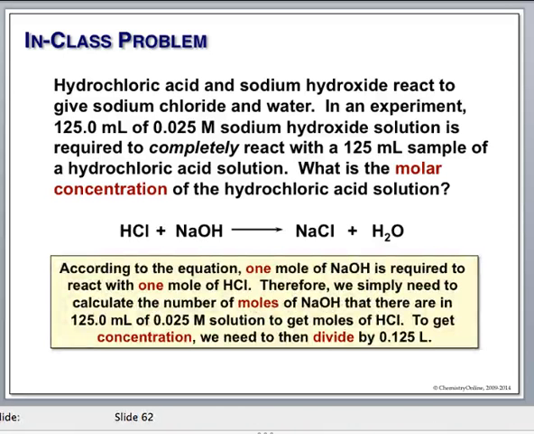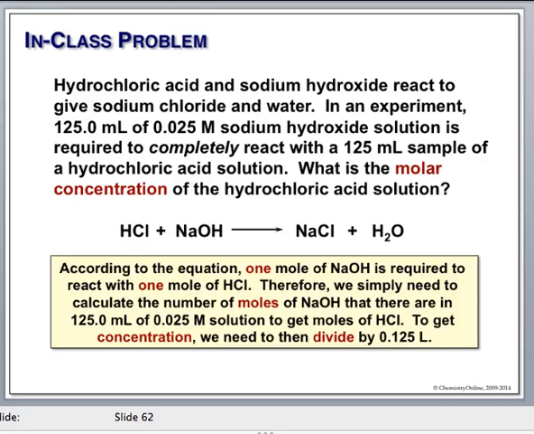We are given a concentration and a volume for sodium hydroxide. That means we know how many moles of sodium hydroxide, right? If we know how many moles of sodium hydroxide, that's the same number of moles of HCl.